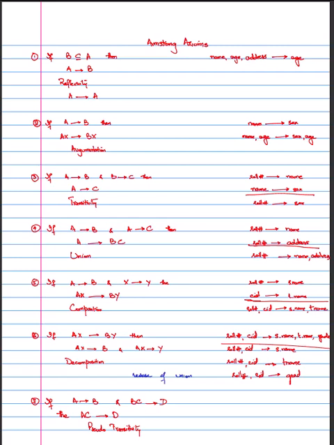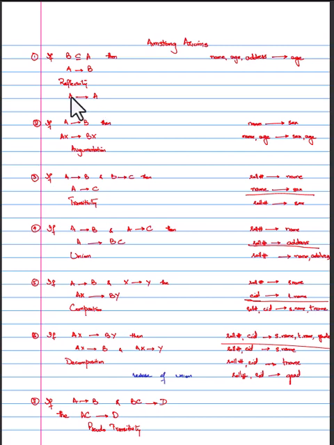These are a few properties that are necessary to understand before solving problems with functional dependency. The first property is: if B is a subset of A, then A identifies B. Or we can say if attribute A is identifying B, then B should be a subset of A, or B should belong to A. The reflexivity property says that every attribute identifies itself.